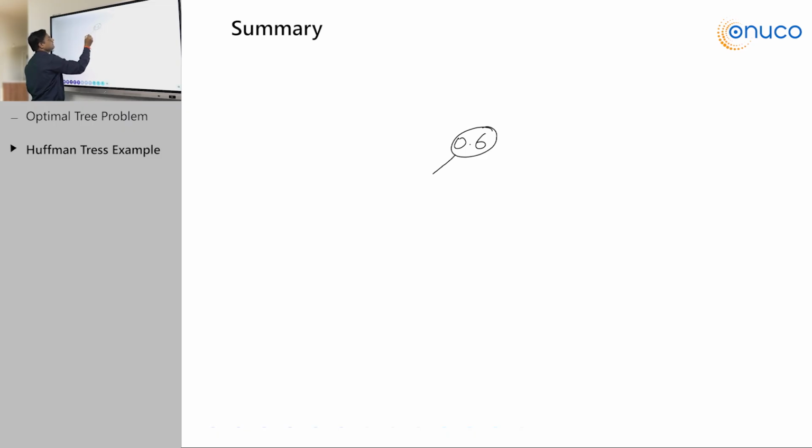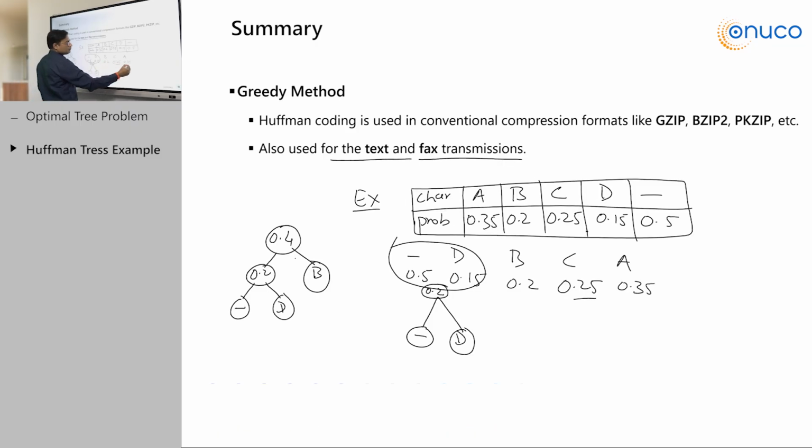C is on the left because it has lesser frequency, A is on the right with maximum frequency. Now this 0.6 is on the right hand side and we have 0.4.